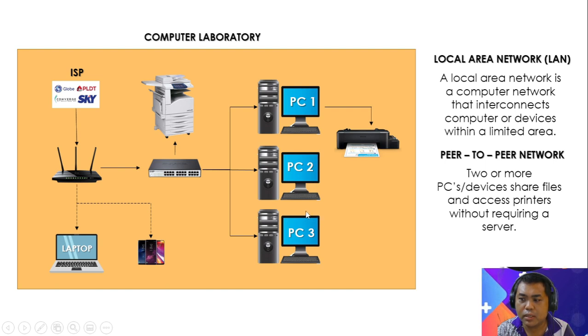They can serve as a server, and they can serve as a client PC. They can access the shared files and the printers without requiring a server. So, only the operating system is there.